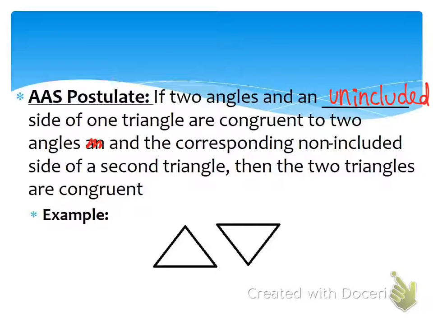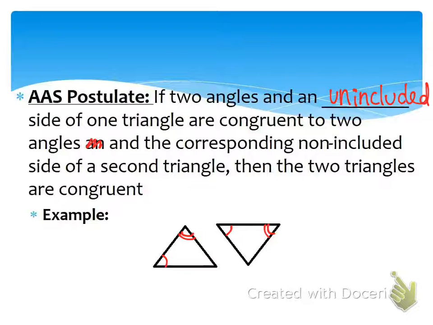Okay, so this one, again, we would have 2 pairs of angles that are congruent. And then we need a pair of sides that's not included. But we have to be careful.